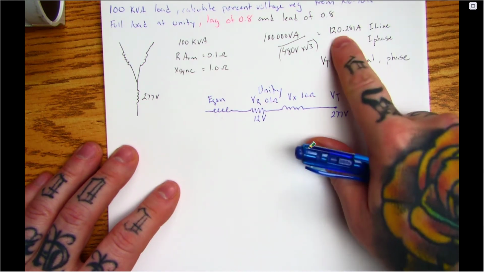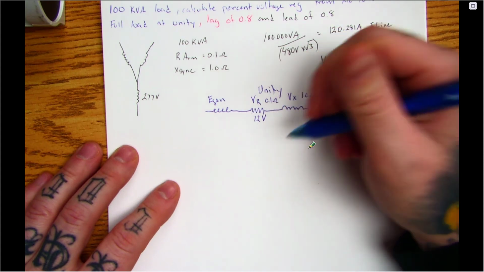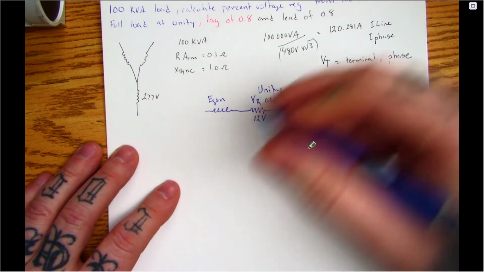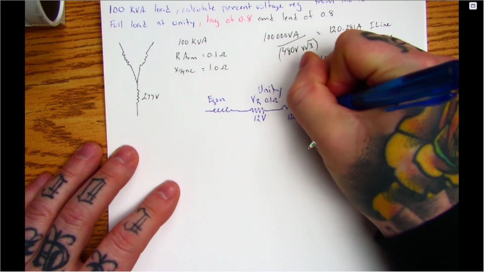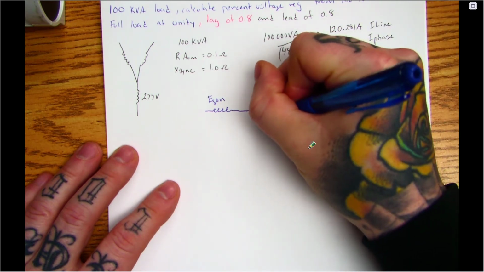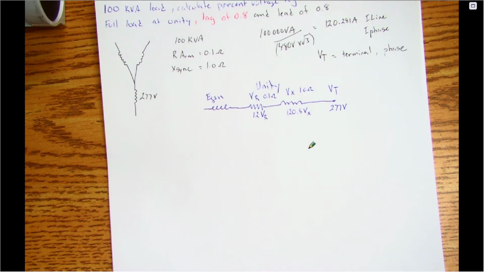So when I take this current, 120.281 times 1, obviously I get that. Let's round that. We'll say it's 120.3 volts. So that's due to resistance, and that's due to synchronous reactance.